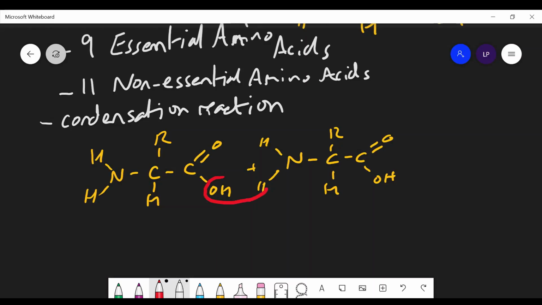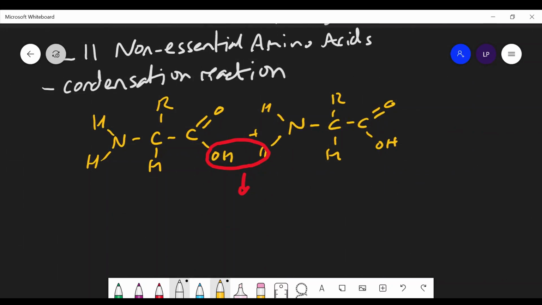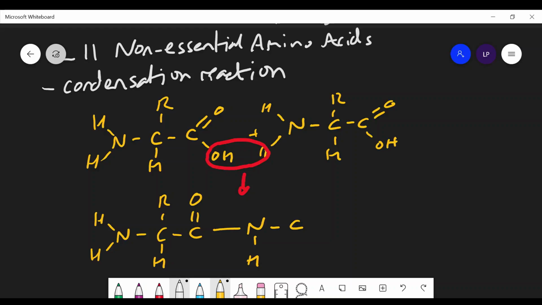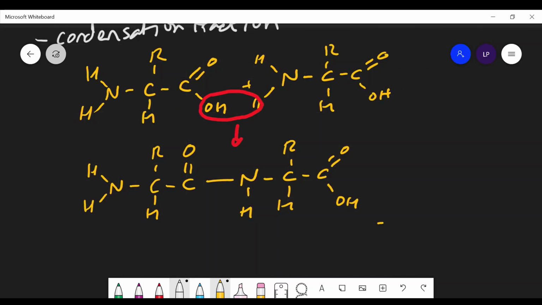Now it's a reaction between hydroxide or OH of the acid group and the hydrogen of the amine group. This reacts and forms a bond between the two amino acids. There we go. And also produces water as a byproduct.